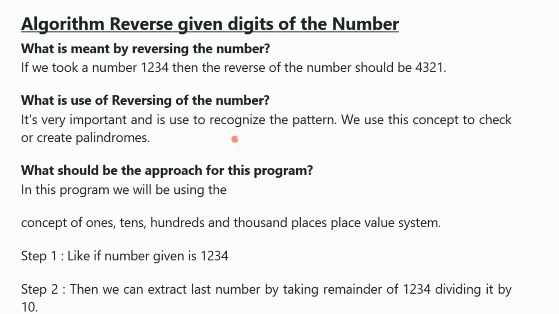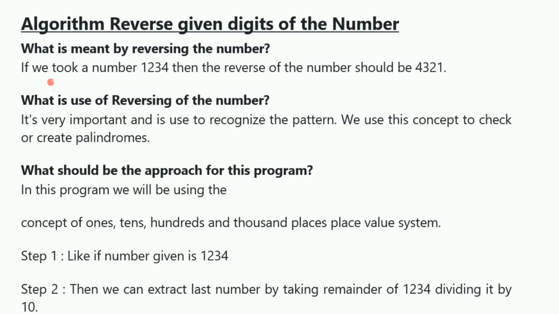Palindrome means even if you reverse it, the number must be the same. Like in a character string, madam: from both sides, it is pronounced as madam. That type of thing we call a palindrome.